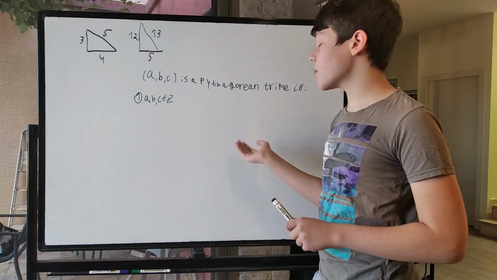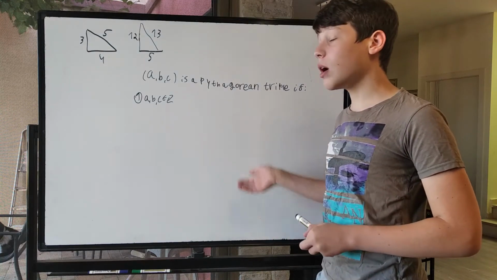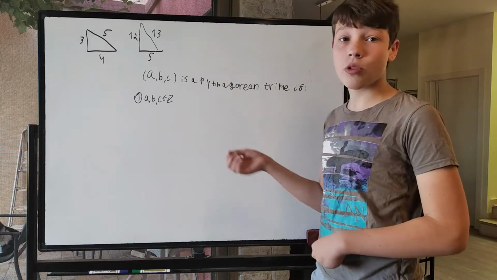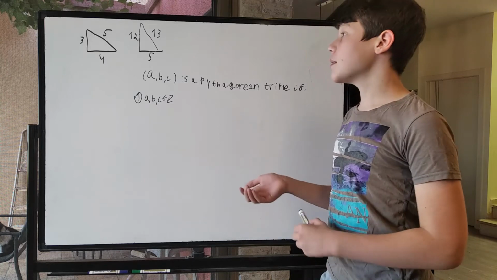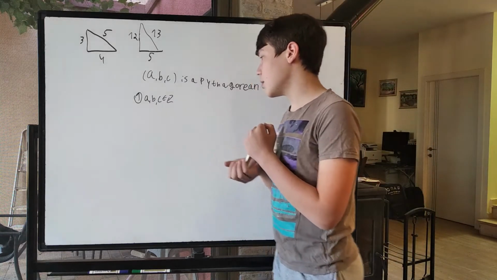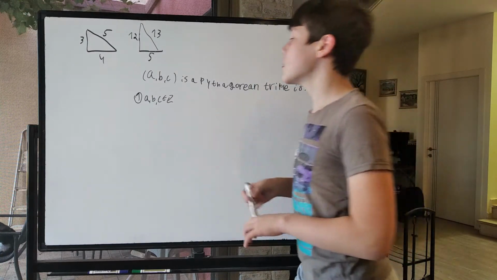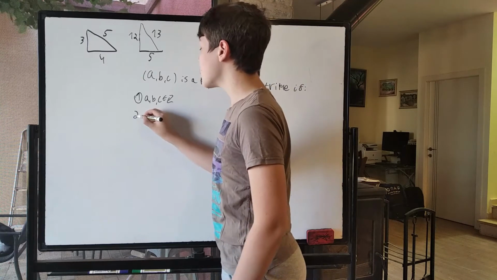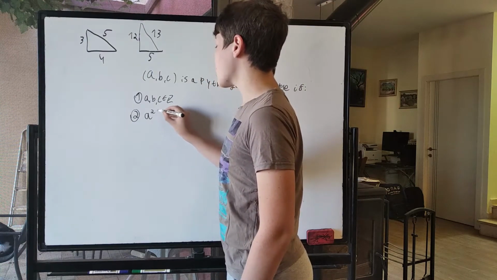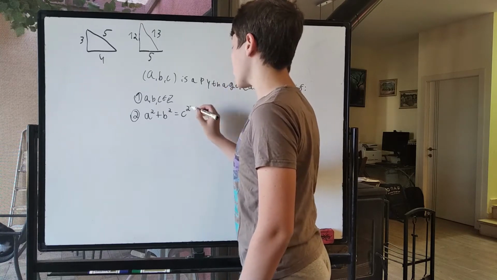That's just, they're from Z, they're whole numbers. 1, 2, 3, 4, or 5, and so on. Or we could go to negatives because we're squaring them. It doesn't matter. And that's the definition I'm going to use of them being whole numbers. So one, they're whole numbers. Two, they satisfy a squared plus b squared equals c squared.